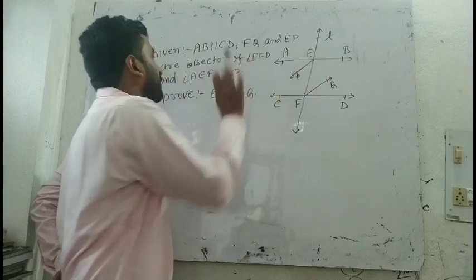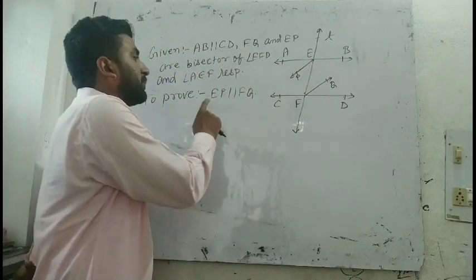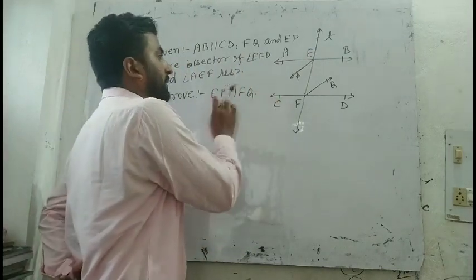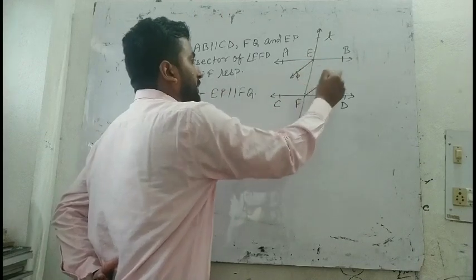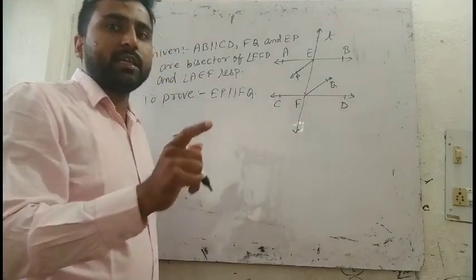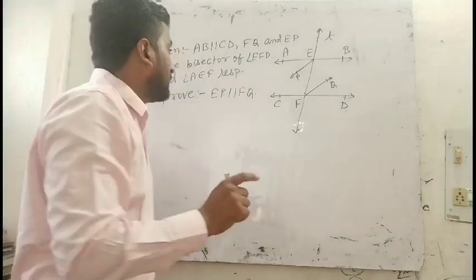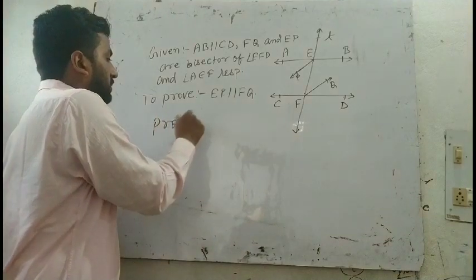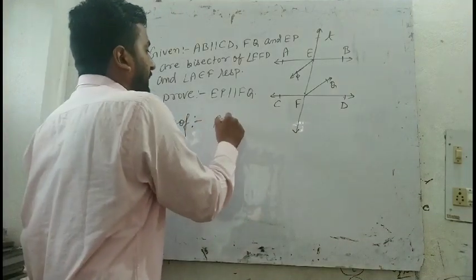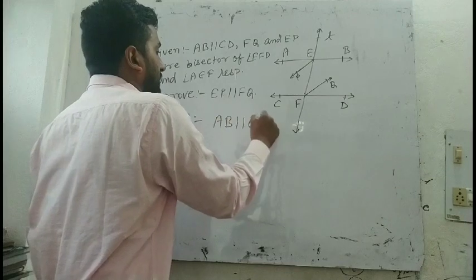Here it is given. And we have to prove that EP and FQ are parallel to each other. Now proof: it is given that AB is parallel to CD.